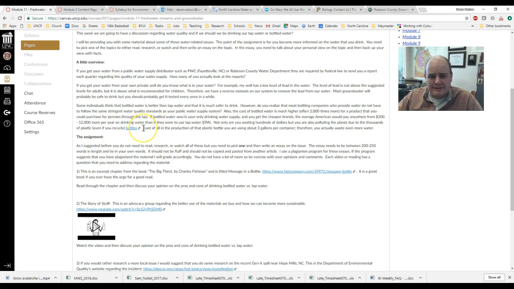And last of all, just to form that bottle and to bottle it, it takes up to about 3 gallons each time, because they get the bottle, they make the bottle, they clean the bottle before they even put water in it. So it's crazy how much water they use. About 3 gallons for one 16-ounce container. So you're wasting a lot of water too if you do bottled water over just tap water. And so depending on where you are on the debate, it's something that you need to understand.